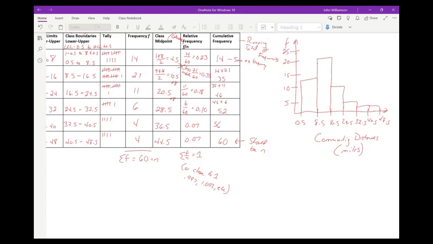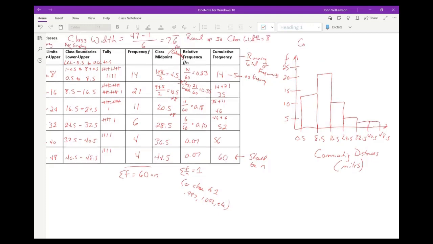And then the last piece, add a title: commuting distance to Dallas, for example. All right, and that's all there is to a frequency histogram. The only difference between this and a relative frequency histogram is that instead of frequencies going up, you would have relative frequencies.